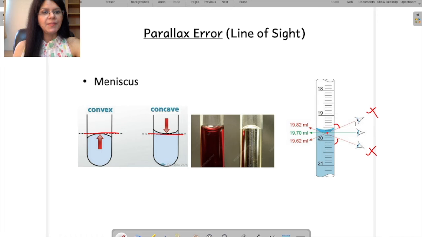So you are getting parallax error for these two locations of the eye, and the reading is correct when your eye is at this location. The line of sight is perpendicular to the measuring instrument. So I hope you all understand parallax error.